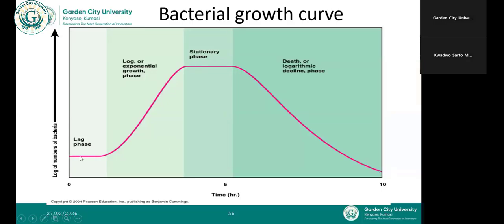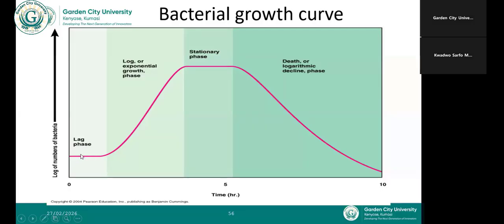So in the lag phase, this is where they are adapting to the environment. Assuming you pick them from a water source or you pick them from a human host, could be blood, specimen, or stool. Once they come out of the human host into a new environment, it will take some time for them to adapt.